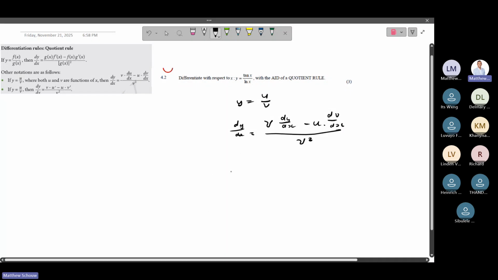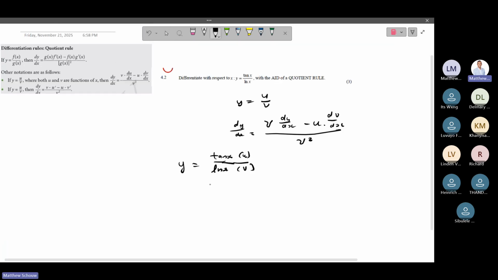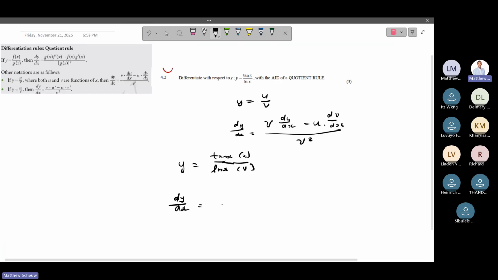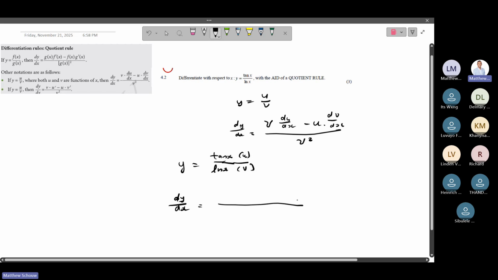So let's quickly apply it. In this case, we have y equals tan x over ln x, and in this case, tan x will be u and ln x will be v. So then, for dy/dx, you can either find the derivatives individually and then put them into the equation, or you can just go with the flow. So we know v is already ln x, right?